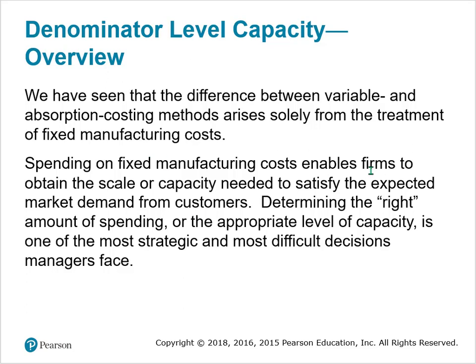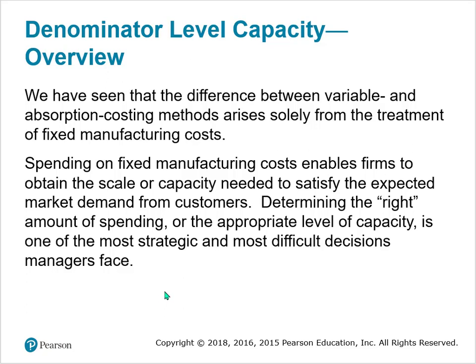Spending on fixed manufacturing overhead enables firms to obtain the scale or capacity needed to satisfy the expected demand from customers. So determining the right amount of spending or the appropriate level of capacity is one of the most strategic and most difficult decisions that managers face. It's a long-term decision.